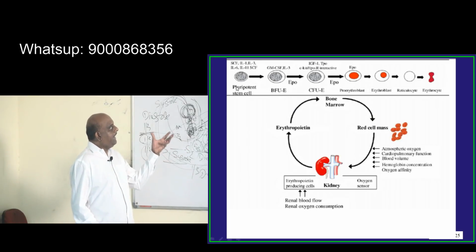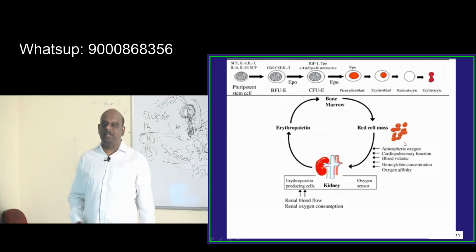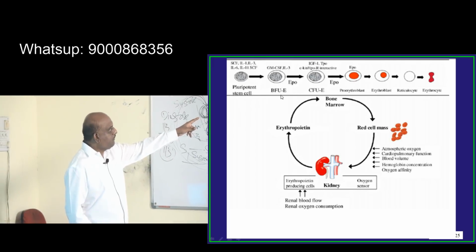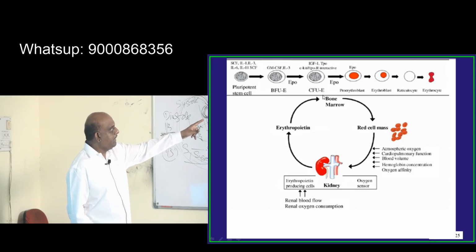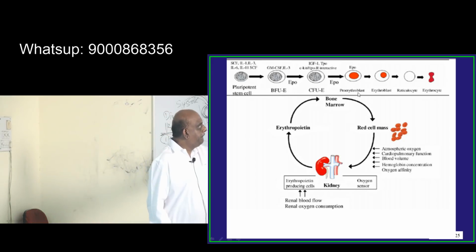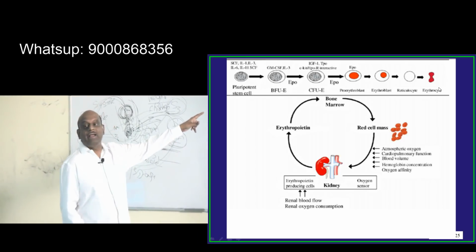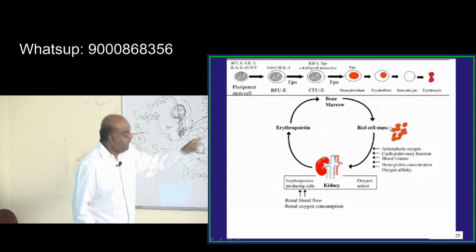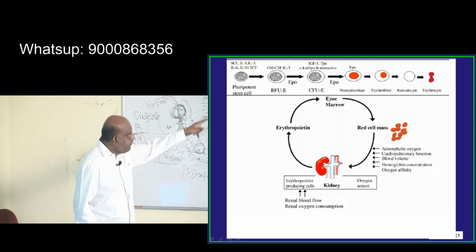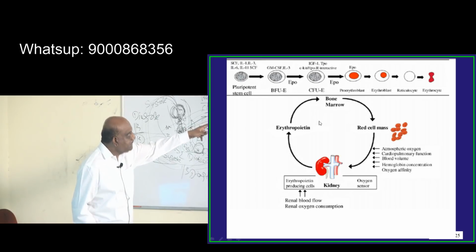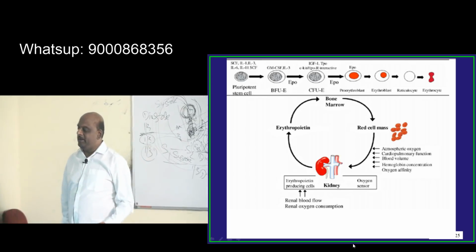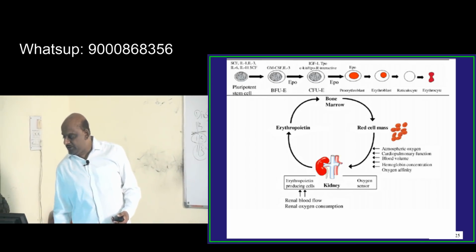Then if you look at erythropoiesis, you have a pluripotent stem cell, a blast forming unit, colony forming unit, then you have a pro-erythroblast, erythroblast, then a reticulocyte, and finally erythrocyte. Out of all these series, it is the colony forming unit that has the highest number of erythropoietin receptors, is what you have to fundamentally remember, one of the favorite questions of the examiner.